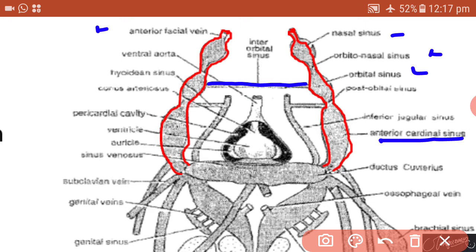This anterior cardinal sinus, as compared to the other sinuses, is a large part of the internal jugular vein or internal jugular sinus system, and it also has related sinuses like the hyoidian sinuses, which start from the first gill. All these sinuses are connected into the anterior cardinal sinus, and the anterior cardinal sinus finally opens into the ductus cuvieri. This is a large part called the ductus cuvieri, on which the heart is situated.